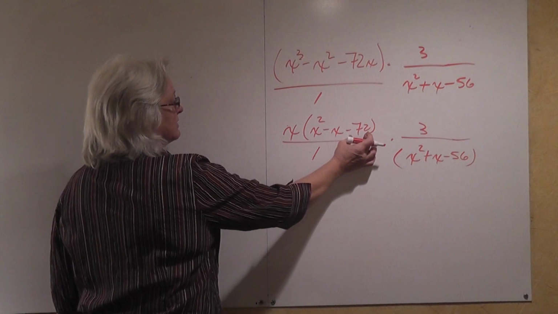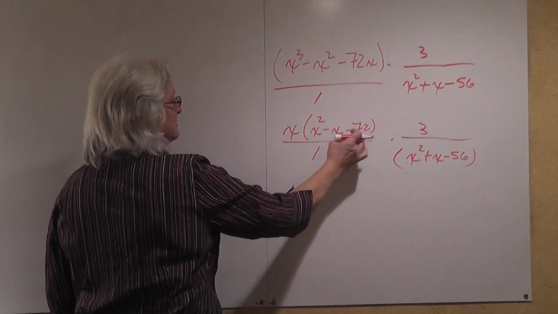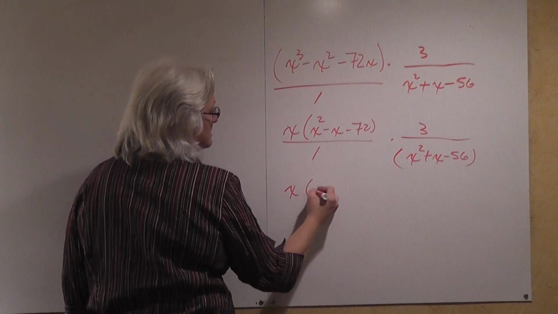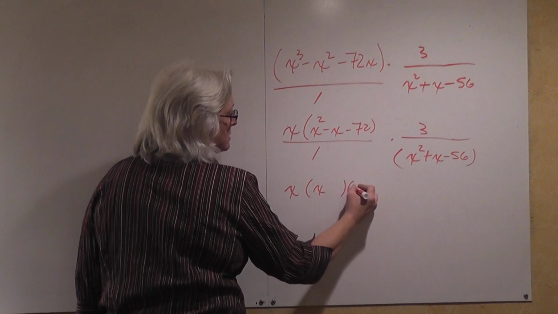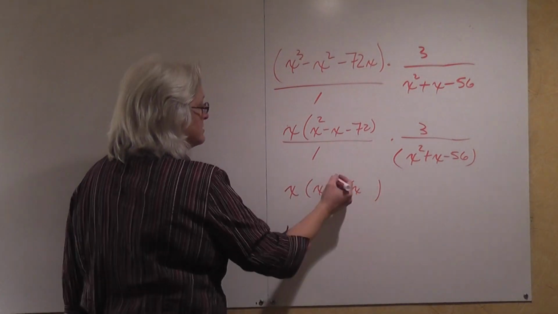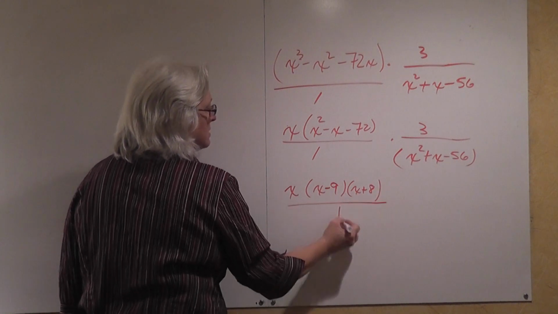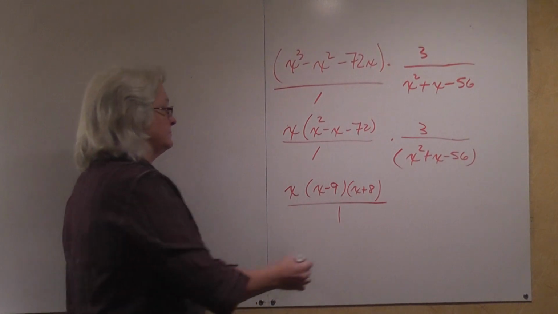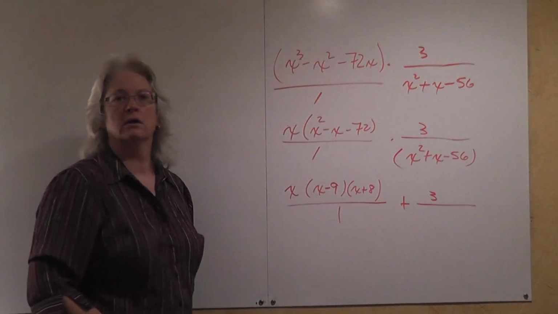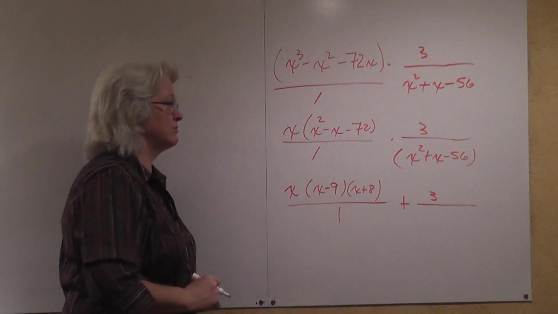We need a product of negative 72, a sum of -1. That's easy enough because 9 times 8 is 72. We need to have a sum of -1, so it's x minus 9, x plus 8, all of that over 1, times 3 over, okay, what factors equal 56? 7 times 8 are 56.